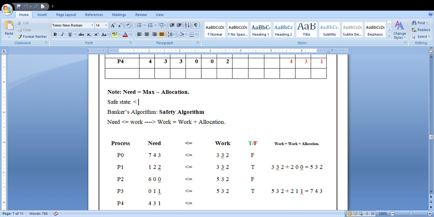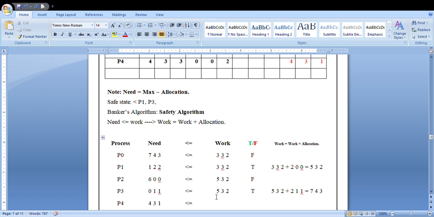So for your convenience, just specify the process value which will become true. You have to write it in a sequence. Once the condition becomes true, just enter that process number in the safe sequence. So P1 is the first process which enters the safe state, and next your P2 fails. Next P3 is the next process which enters the safe sequence.